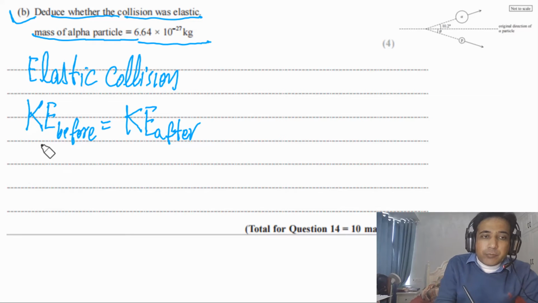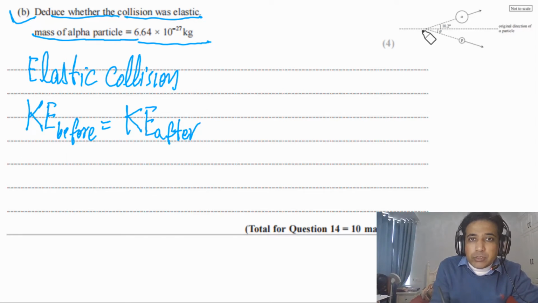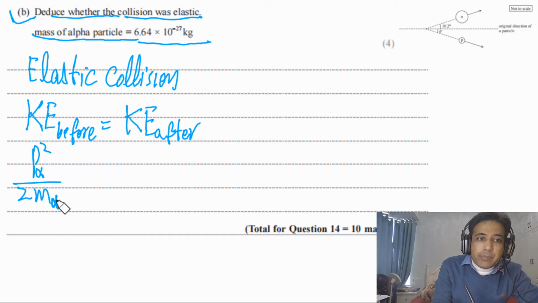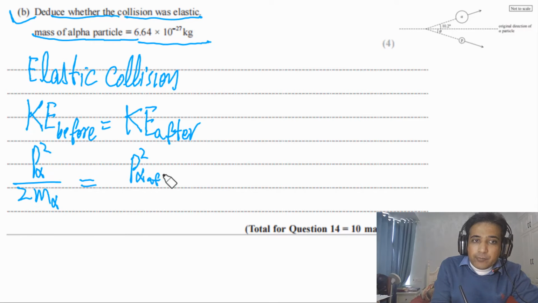Kinetic energy before means that we have only the alpha particle. So we can say the momentum of the alpha particle squared divided by 2 times the mass of the alpha particle before collision has to be equal to the momentum of the alpha particle squared after collision divided by 2 times the mass of the alpha particle, plus the momentum of the proton squared divided by 2 times the mass of the proton.